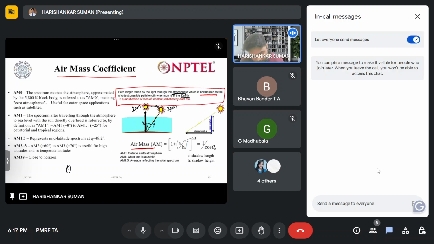Let me ask one question. For AM 1.5, what is the angle corresponding to this? Please find. Can you find?